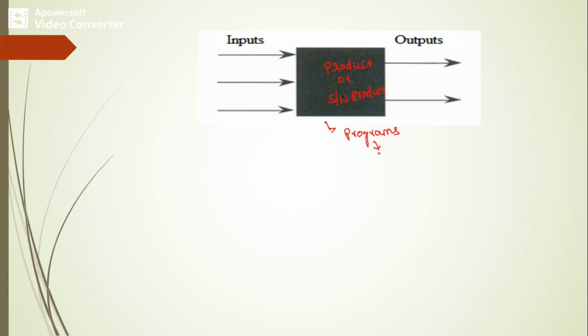Those programs are nothing but functions, and algorithms might be used to implement that. Either those functions or algorithms are implemented by using C or C++ or Java, any high level language might be used. And as well as they have designed this product.